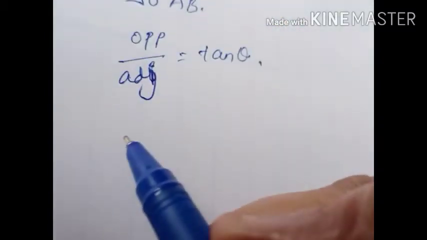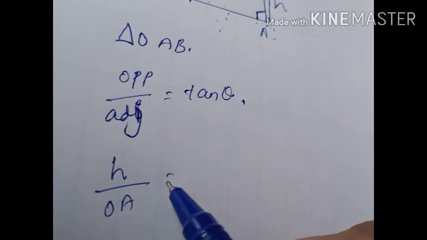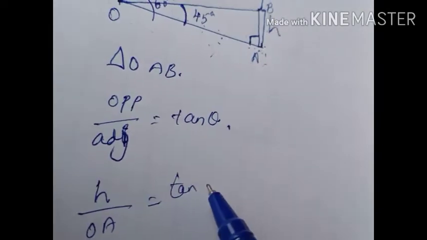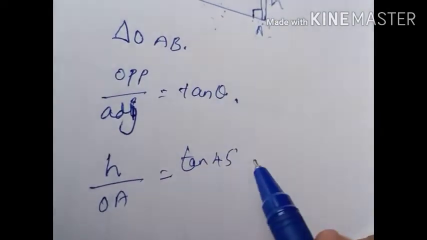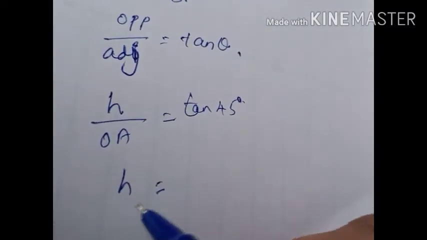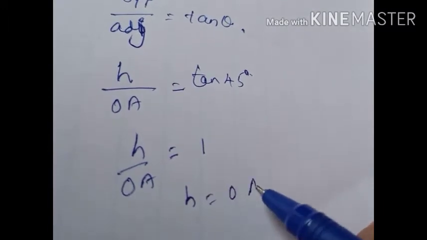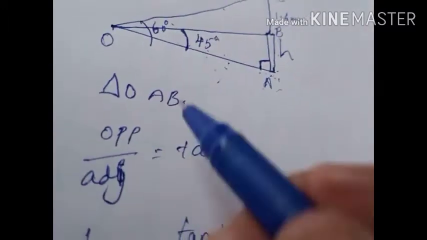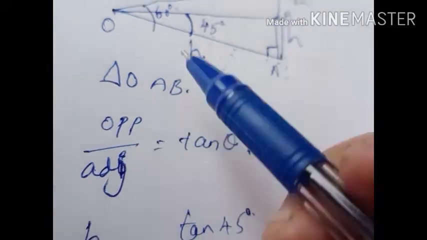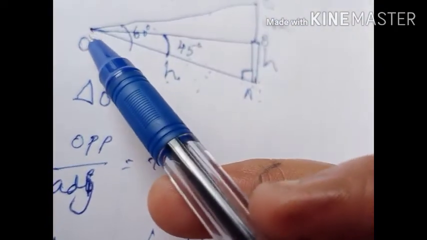Opposite is h. Adjacent is OA. That is equal tan 45. What is the value of tan 45 degree? It is 1. So h by OA equal 1. So h equal OA. OA is also h.